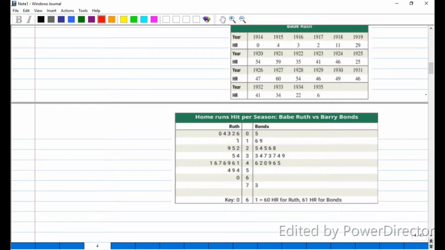Because that wouldn't make sense otherwise. That's kind of strange. I guess comparing the different years. So they got a little creative there with their stem and leaf plot, I guess.